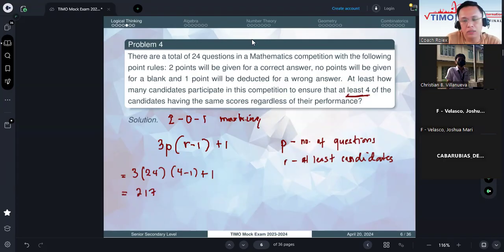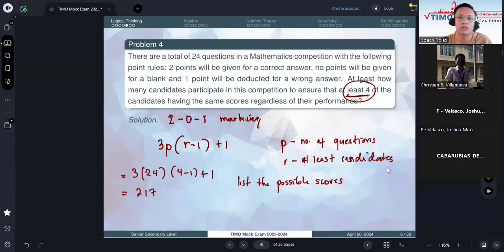If it is not, you will try to get the maximum possible scores. You list the possible scores, then you multiply it by the number we are looking for, which here is at least 4. Then the next thing is you simply add the total points.